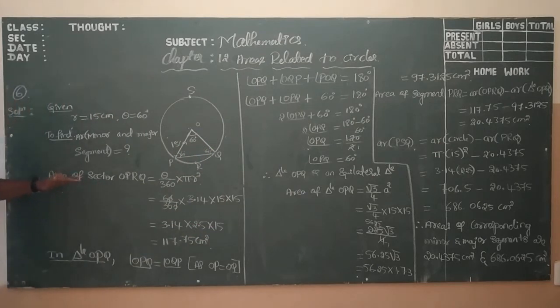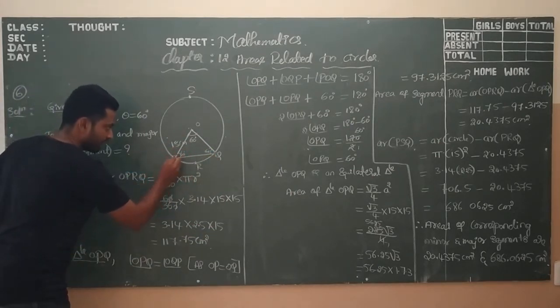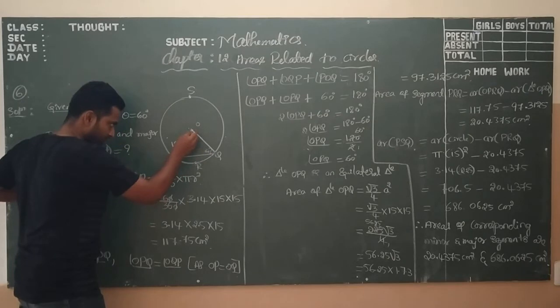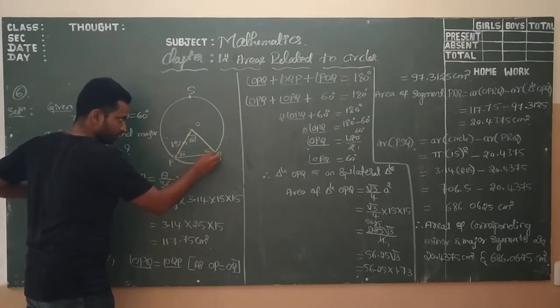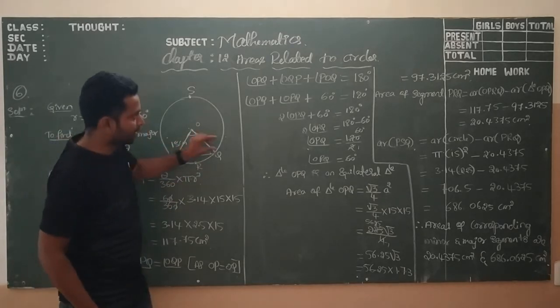Okay, so our aim is to calculate the area of the minor segment PRQ. To calculate the area of PRQ, we subtract the area of OPQ from the area of OPRQ. Then we get the area of the minor segment.